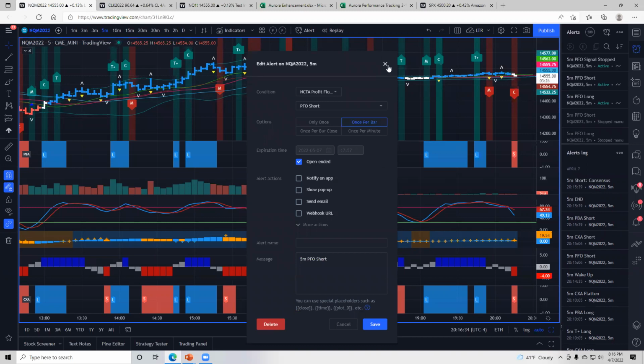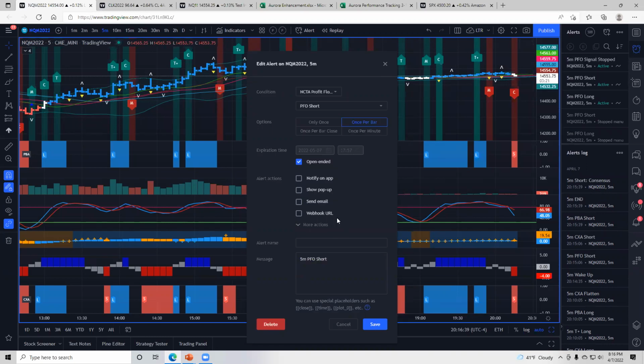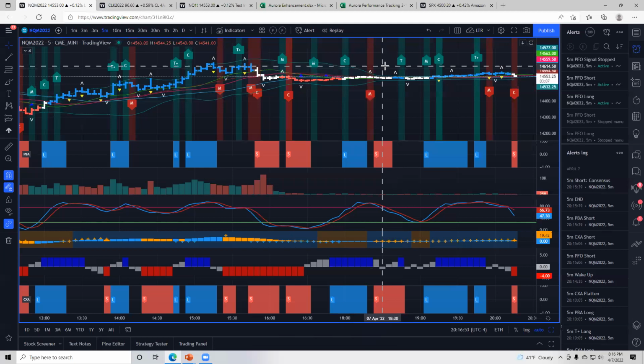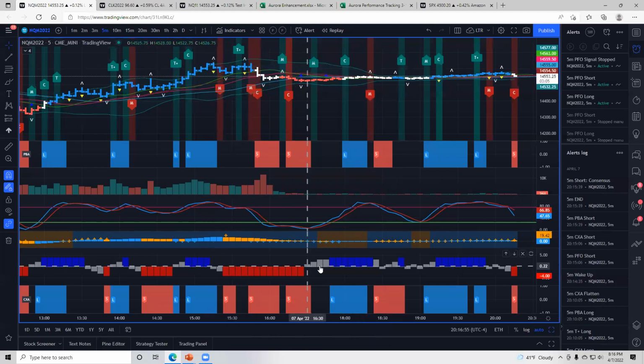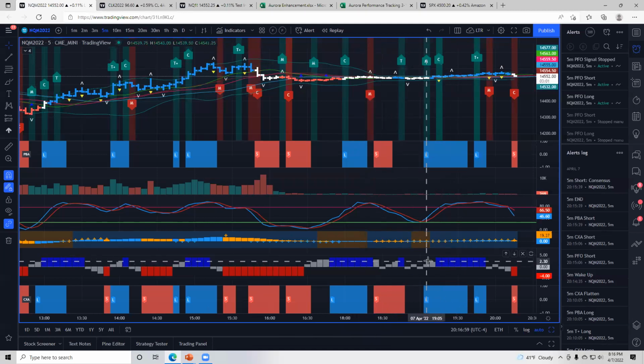The only difference, Mark showing it right there, is it's just going to be easier to select from a drop down whether or not you want an alert to show a long, a short, or a signal stopped, whereas previously there were some different variables that you had to put in there. So we've just made it a lot simpler. But your signal itself, the PFO, is going to still present exactly the way it looks here. Correct.